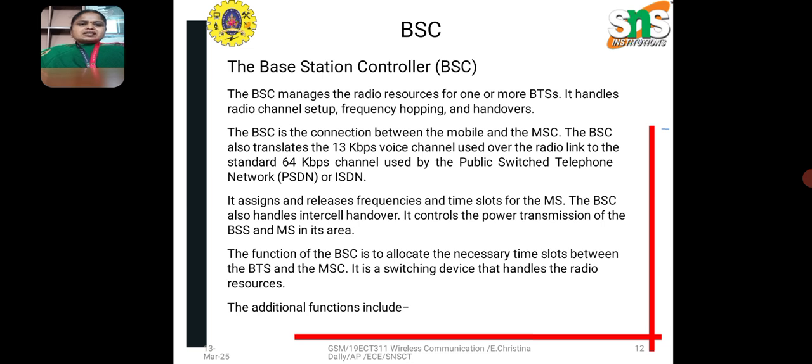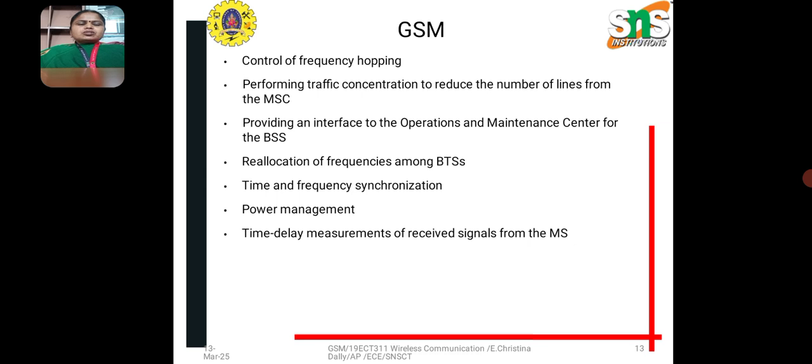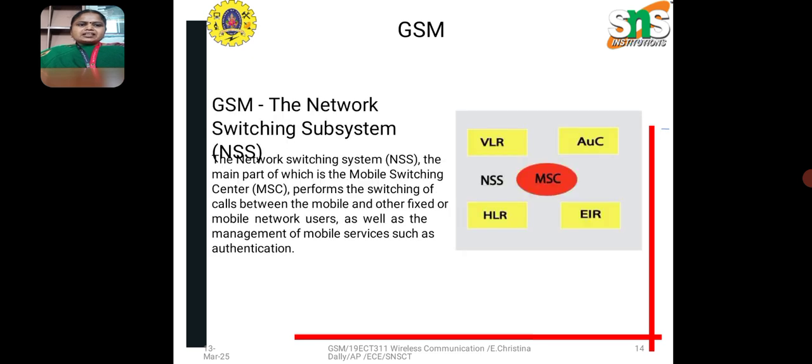It assigns and releases frequency and time slots for the MS, and it controls the power. Its purposes are control of frequency hopping, performing traffic concentration, providing an interface to operations and maintenance, reallocating frequency among BTS, and power management and received signal handling.